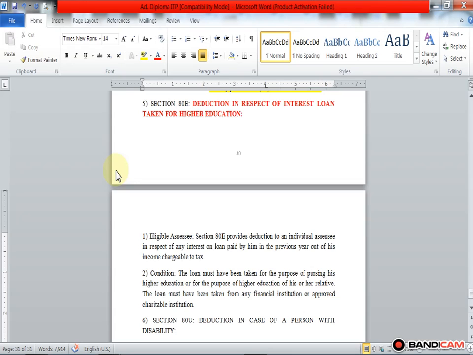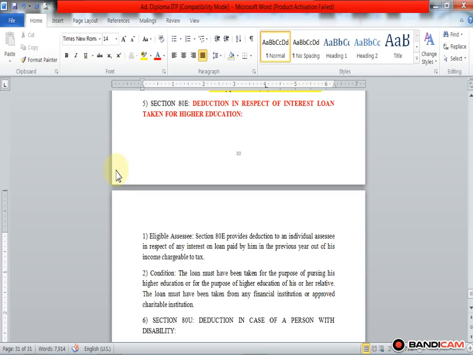The value of house property does not exceed rupees 50 lakh. So the value of house property of that assessee does not exceed rupees 50 lakh. The assessee does not own any residential house on the date of loan sanction.